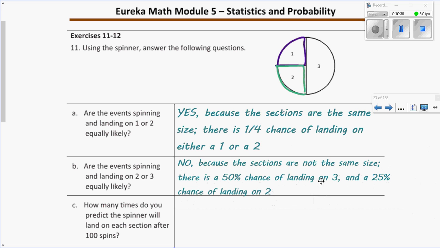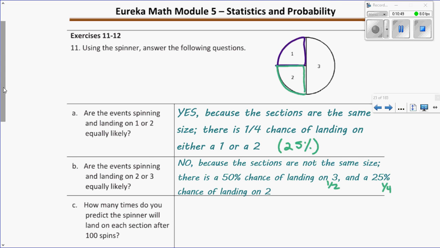Okay? So you can also call that 1/4 and 1/2. So landing on a 3 is 1/2, and landing on the 2 is 1/4. Which you should know all these very well from our last module.